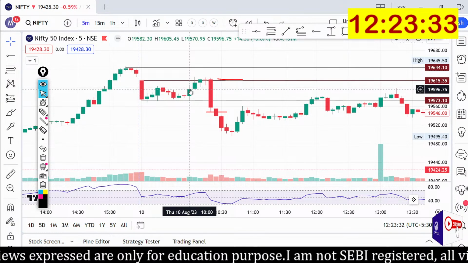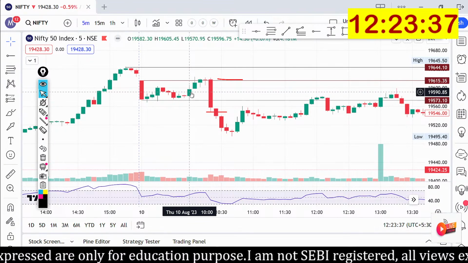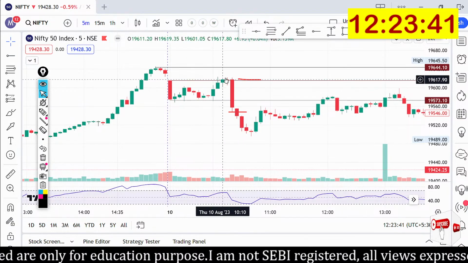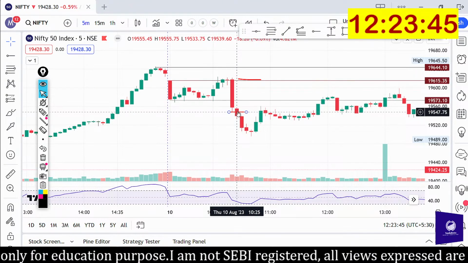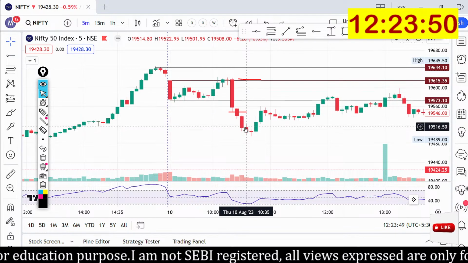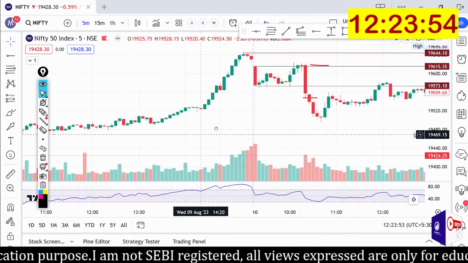Whenever this kind of formation happens, we will generally get very good trades on the reverse side. Now this was the expiry day when these things were happening.